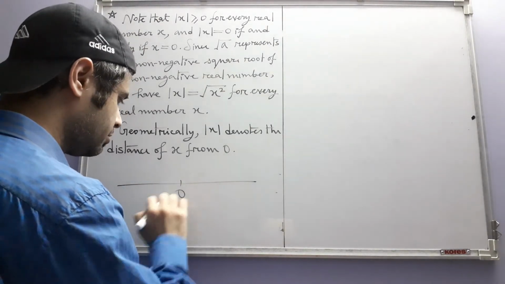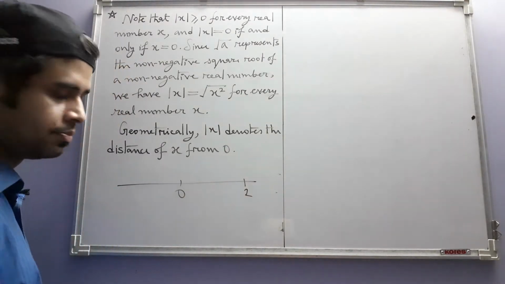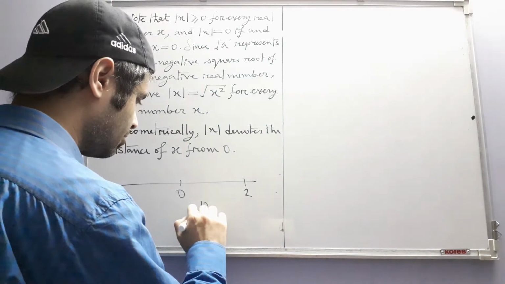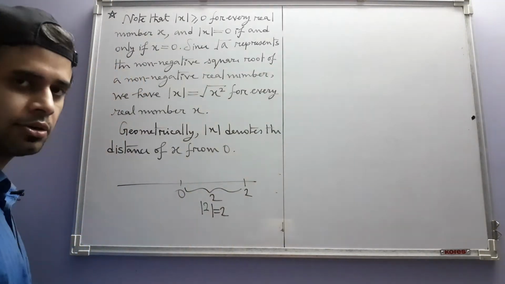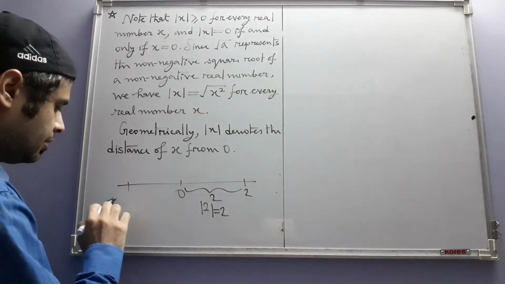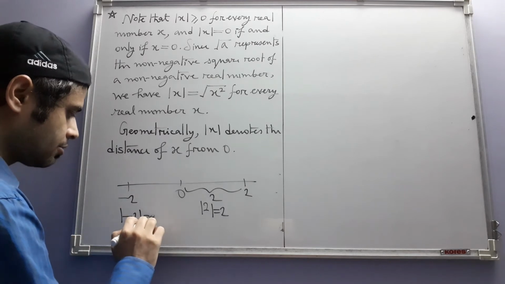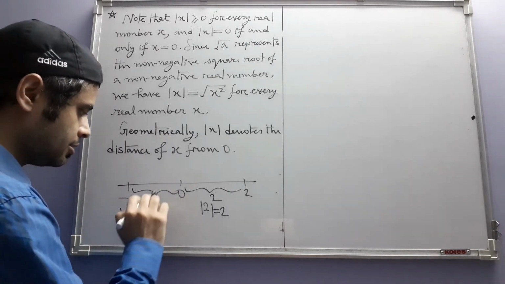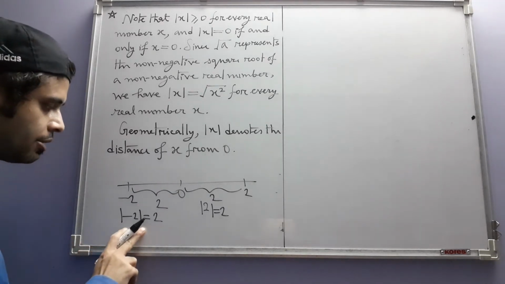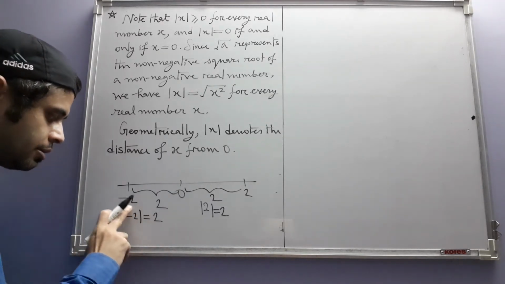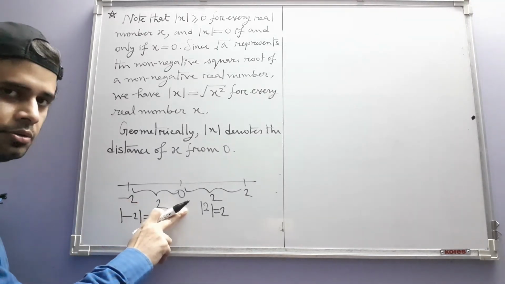Say you have 0 here. If you consider the point 2, then absolute value of 2 is equal to 2, and 2 is the distance between 0 and 2. Instead, if you have minus 2, then its absolute value is also equal to 2, and this is still the distance. Distance is never negative, so absolute value gives us the distance between that given number whose absolute value we are calculating and 0.